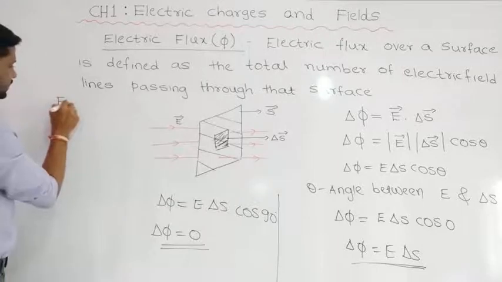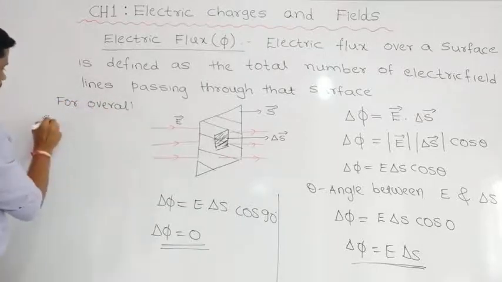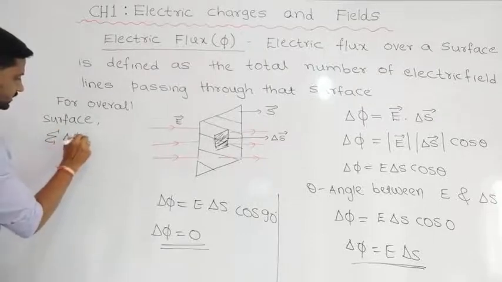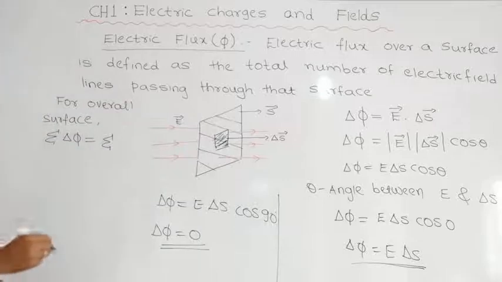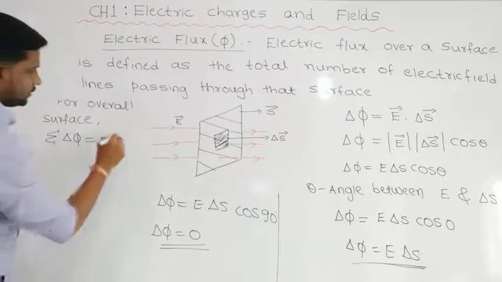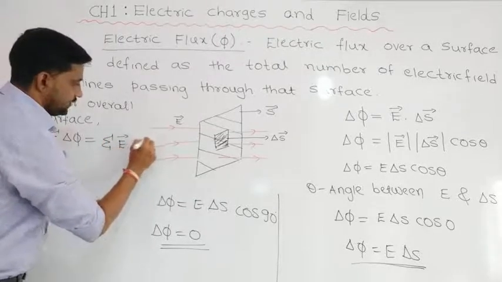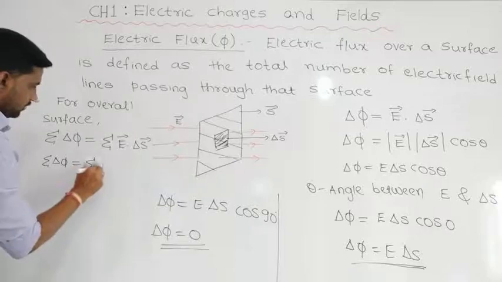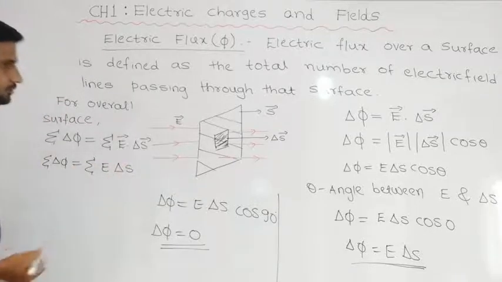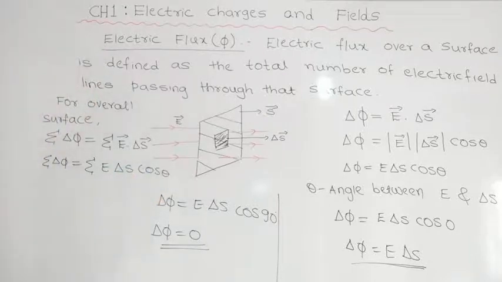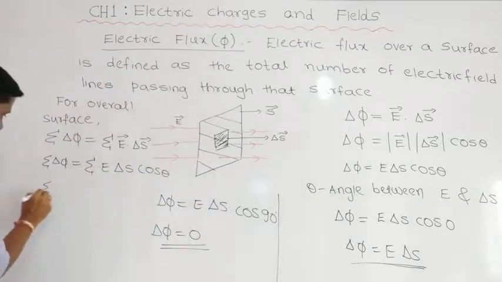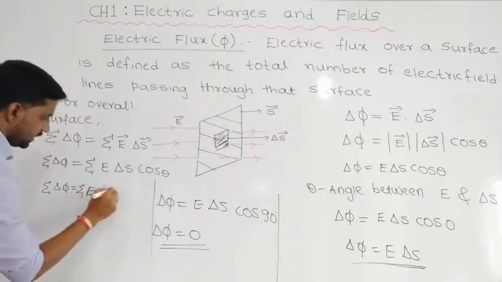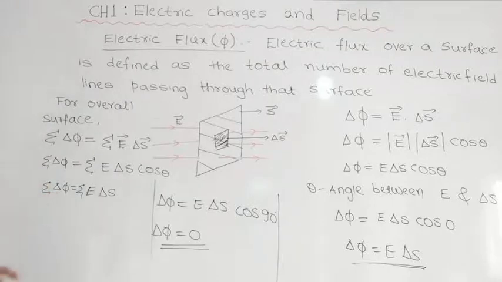For the overall surface, electric flux can be written as summation of delta phi is equal to summation of E dot delta S vector, or summation of E delta S cos theta. Suppose theta is equal to 0 degrees, then summation of delta phi is equal to summation of E delta S, and summation of delta phi I can write as phi for the overall surface.